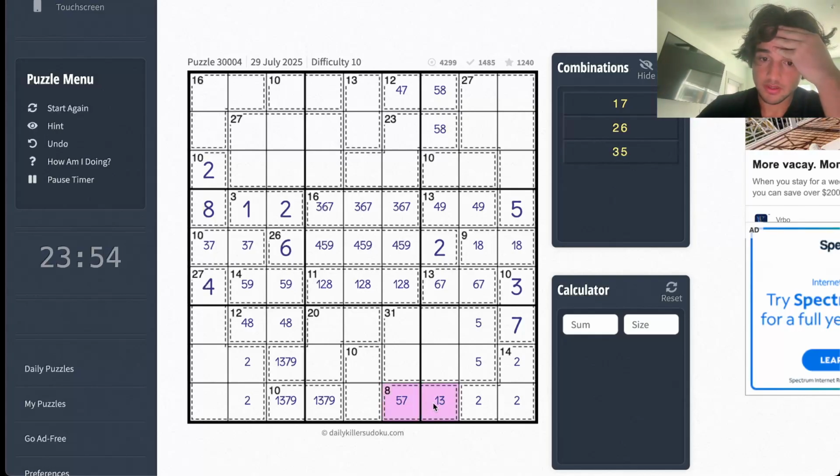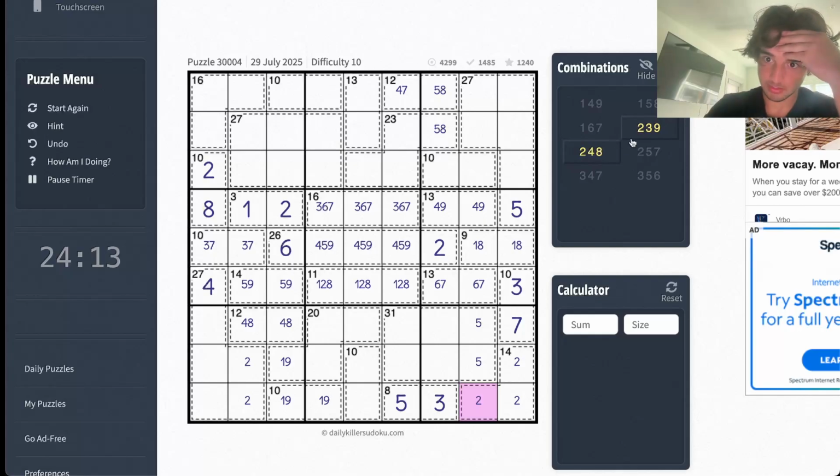And then here you get 1 7 or 3 5. So that can't be 3 7, because then that would leave you with 1 5. So you know that's a 1 9 there, which eliminates 1 and 7 there. Now it is 2 4 8. So I did do it right, just in the wrong way.